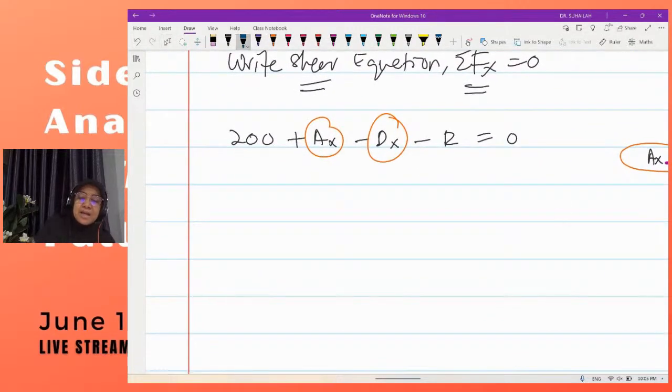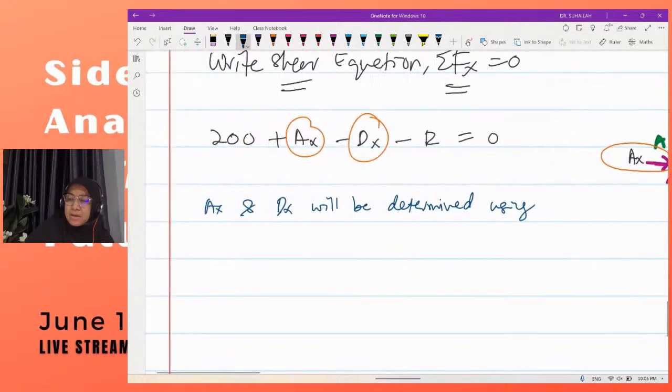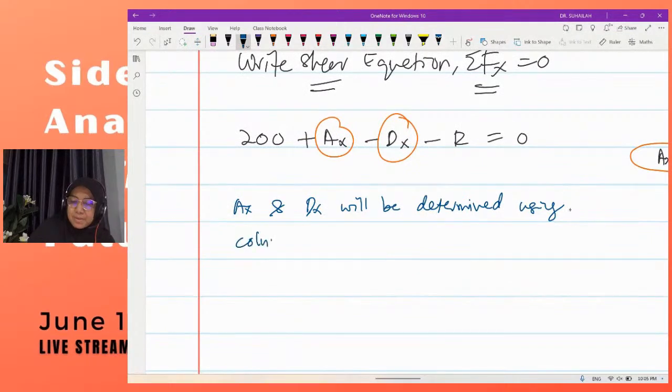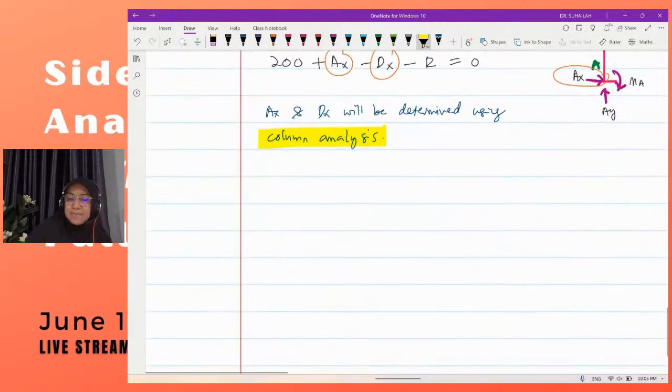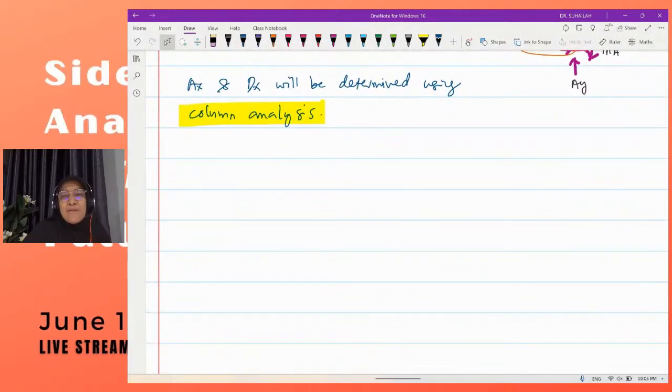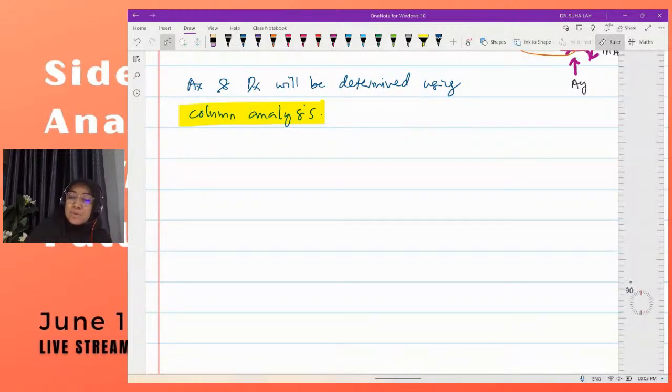Ax and dx will be determined using column analysis, which means you have to analyze the two columns separately.